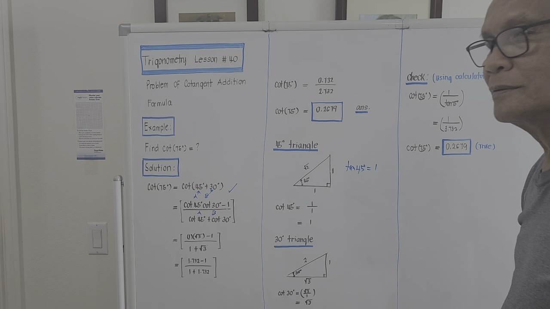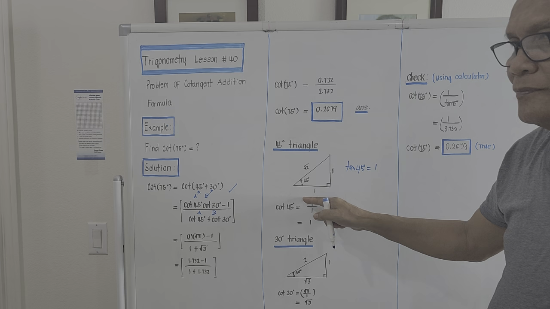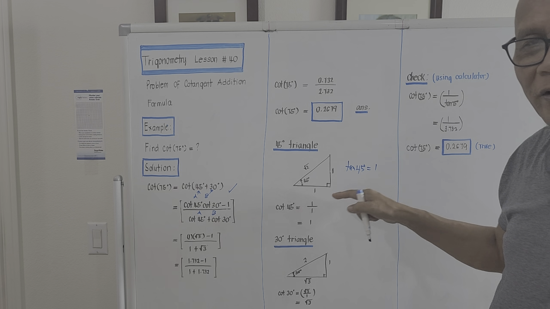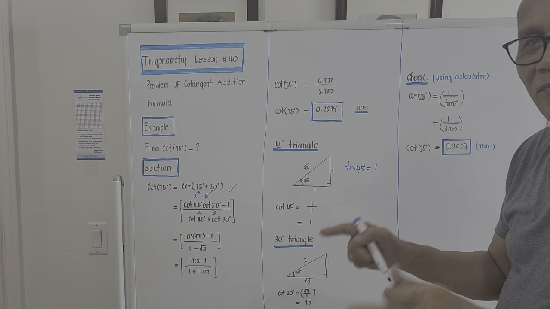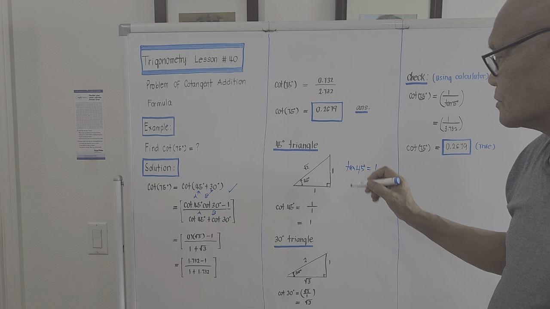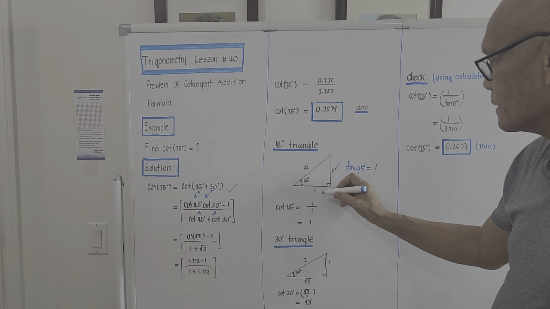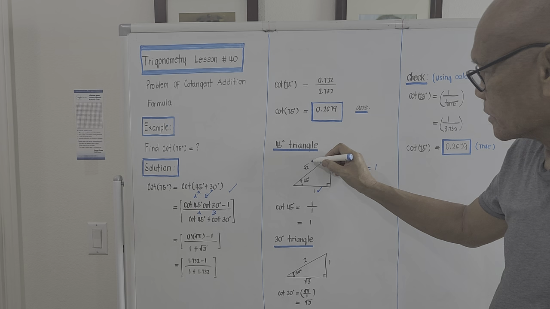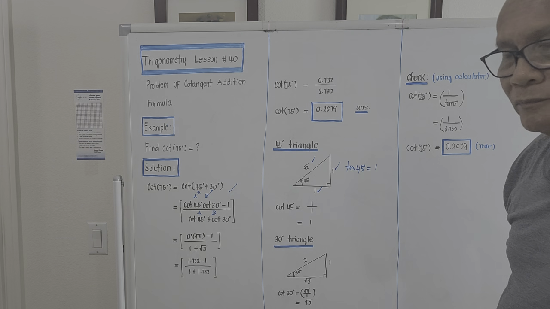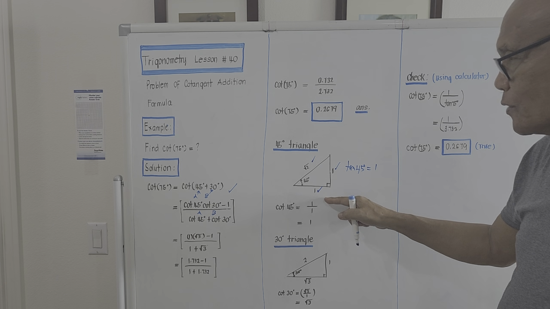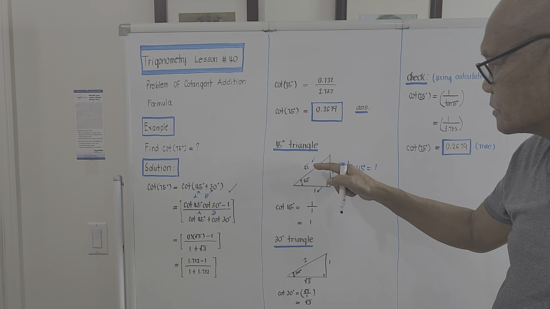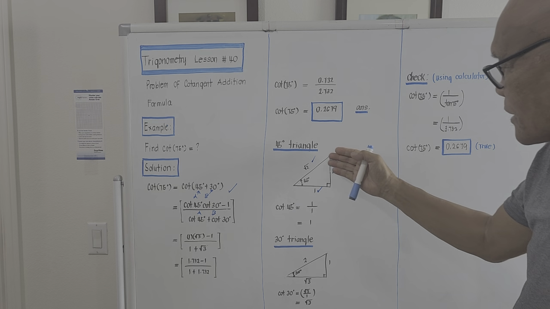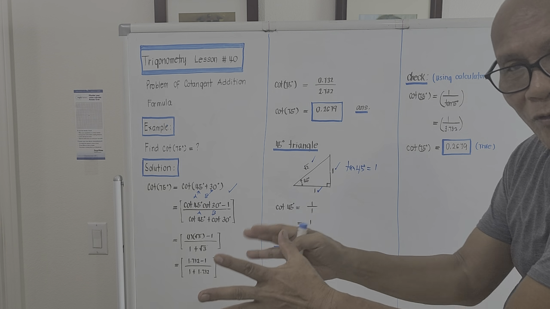The marking of a 45 degree angle for us to remember is that tangent of 45 degrees is equal to 1. So the opposite side will be 1, the adjacent side will be 1, and the hypotenuse will be the square root of 2, by the Pythagorean principle: the square of 1 plus the square of 1 is 1 plus 1, which gives the square root of 2.